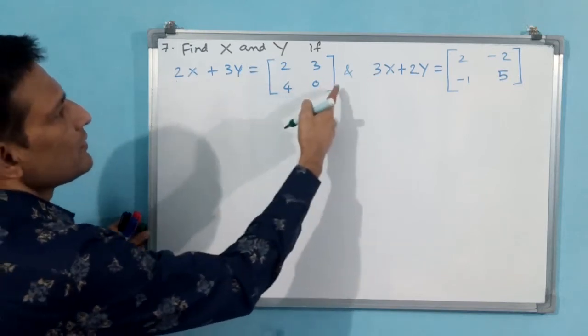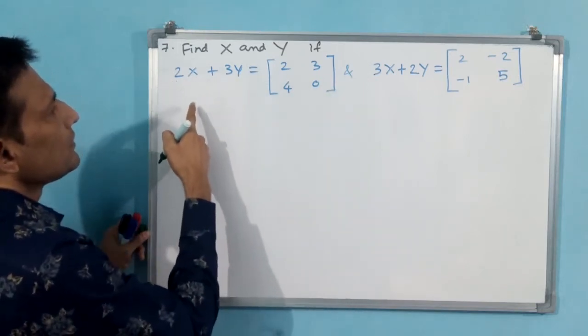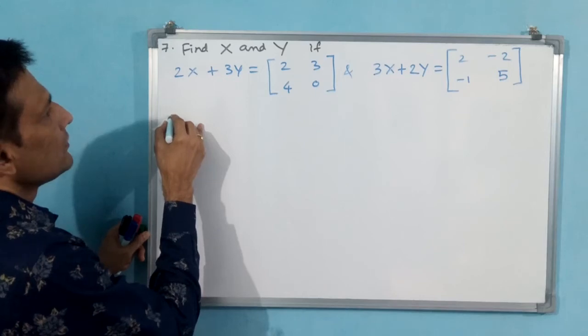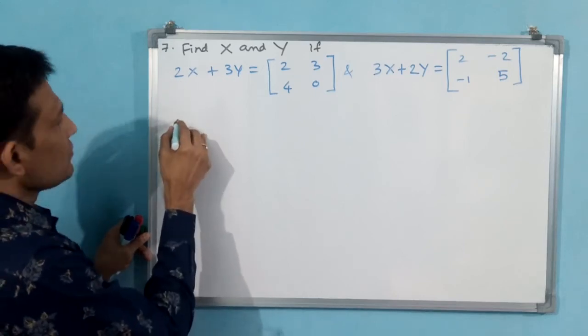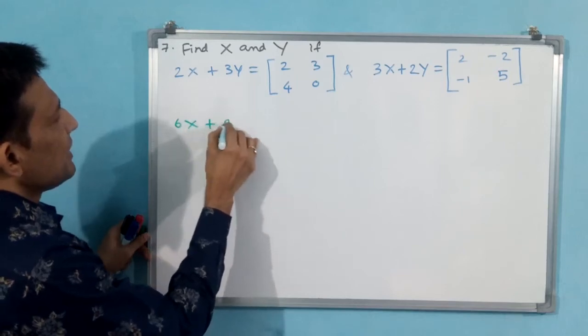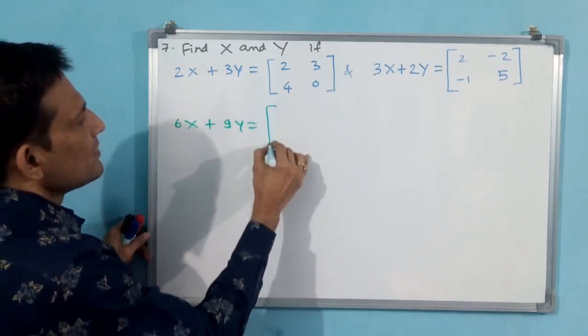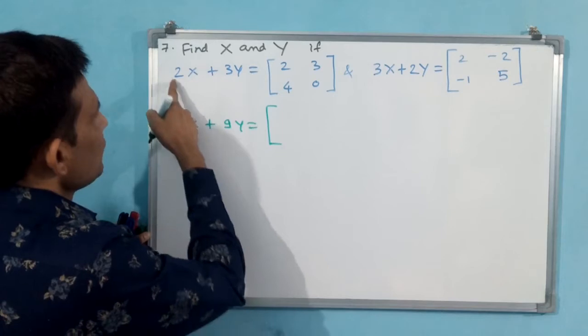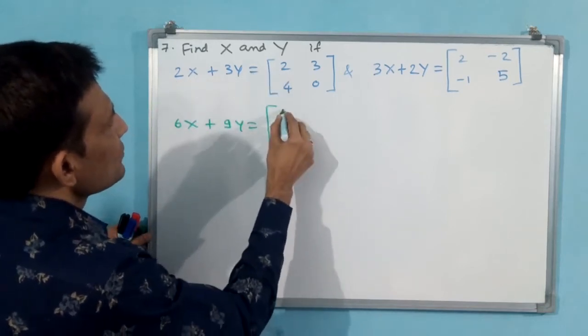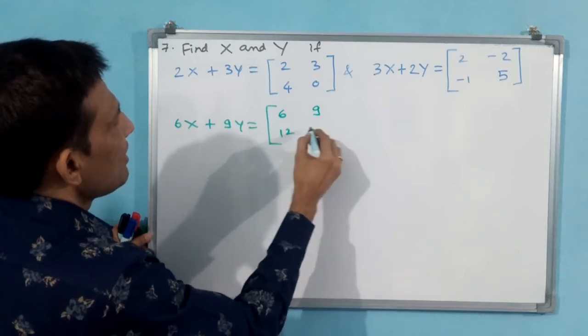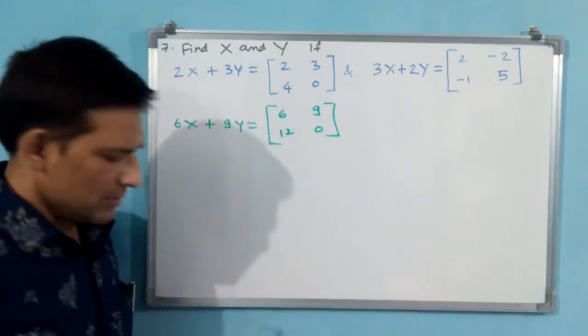Okay, into. Now I am doing, you see, directly what I am writing: 6x plus 9y is equal to 3 into 3 into 3, 6, 9, 12, 0. Is it okay? First you see.